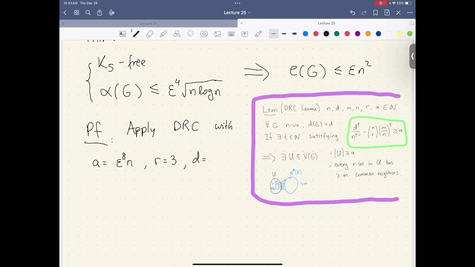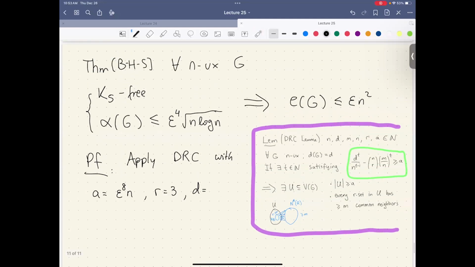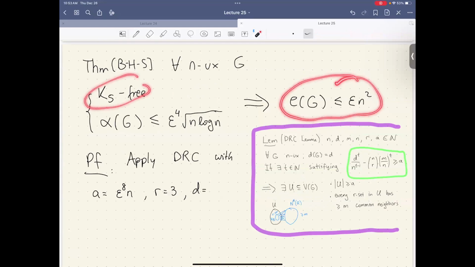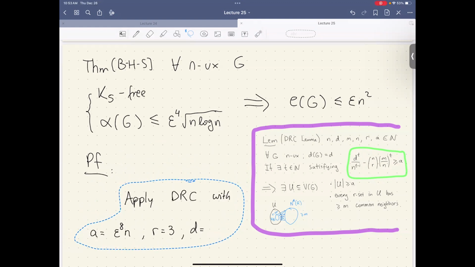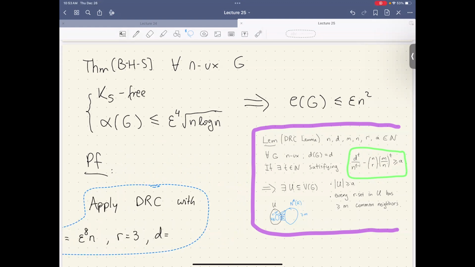The average degree of our graph G we know is, so we actually want to prove the contrapositive. So contrapositive means if the number of edges is at least this, then there's a K5. Okay, let me adjust this.